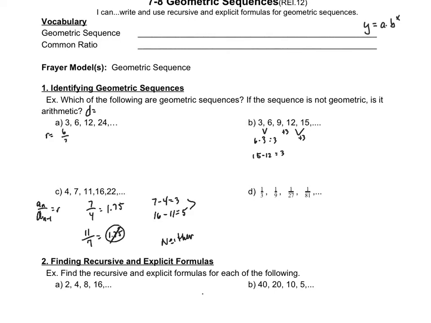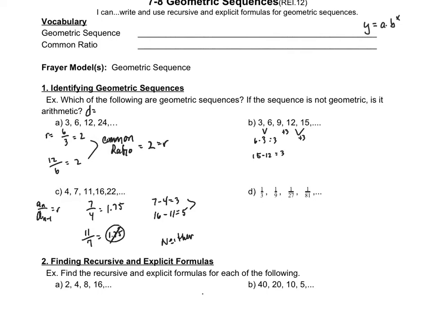So if I take 6 and I divide it by the number before it, that is going to give me a 2. If I take 12 and divide it by the number before it, that is going to give me 2. Therefore, it looks like I am going to find a common ratio, and that common ratio is 2, or that is what r equals.